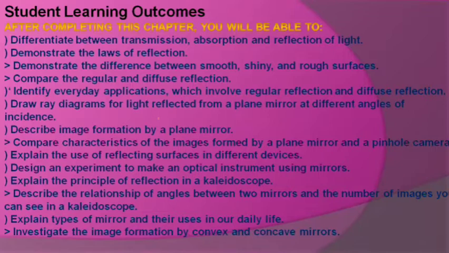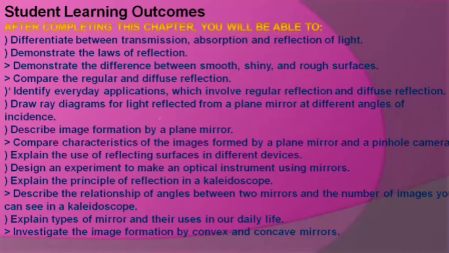Also, we'll see some ray diagrams of light reflected from a plane mirror, and how image formation is done by a plane mirror, by which you can see your face. And then we will compare characteristics of image formed by plane mirror and pinhole camera.